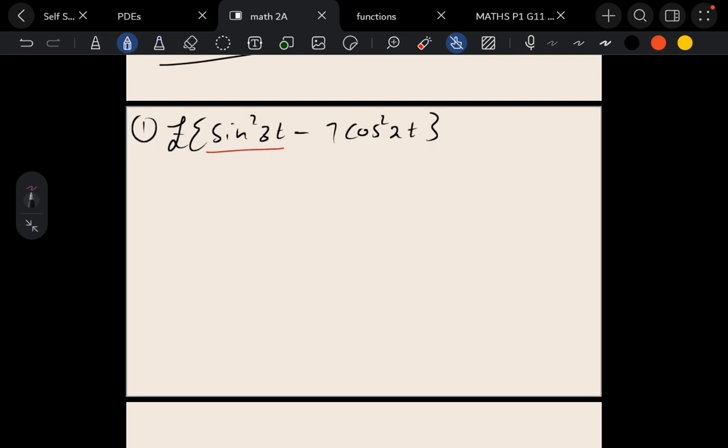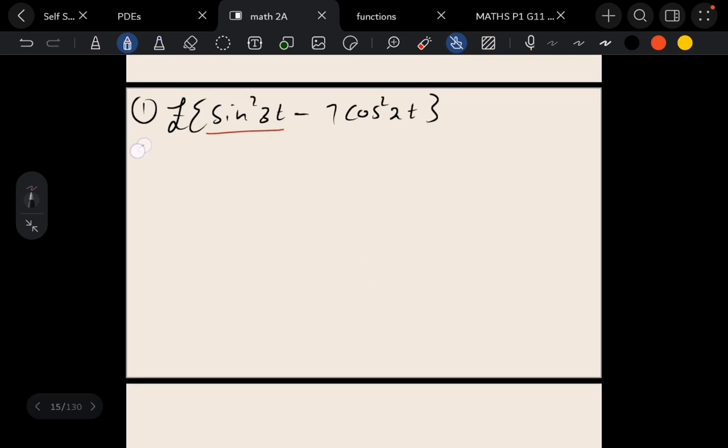The first thing you need to do is write the double angle of cos that satisfies this. So sine squared 3t you need to rewrite as 1 over 2 in brackets 1 minus cos 6t.